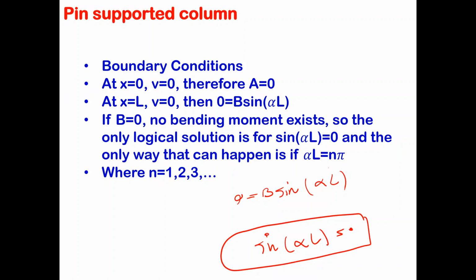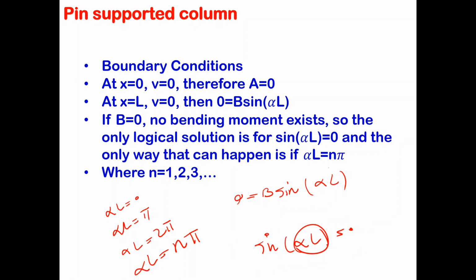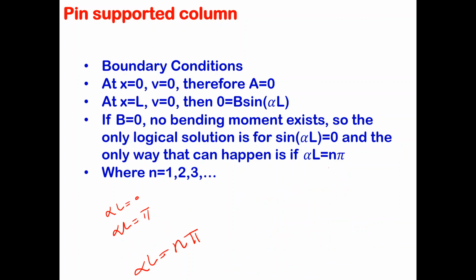Sine of alpha L is always going to be 0 for alpha L equals 0, alpha L equals pi, alpha L equals 2 pi, 3 pi, and you can conclude that for alpha L equals n pi, sine of alpha L is going to be 0. Okay? So this is actually going to be our solution, right?